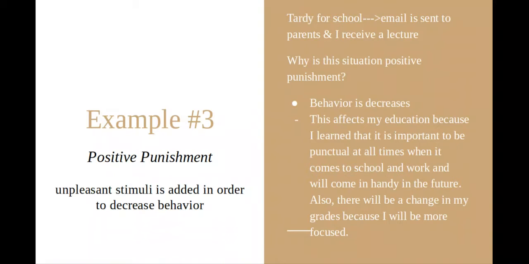This affects my education because I learned that it is important to be punctual at all times when it comes to school and to work, and it will come in handy in the future. Also, there will be a change in my grades because I will be more focused and punctual, which would also help the first example, which is positive reinforcement.